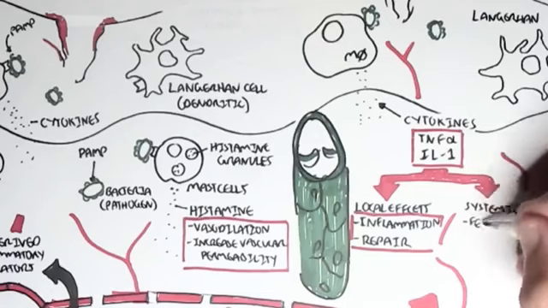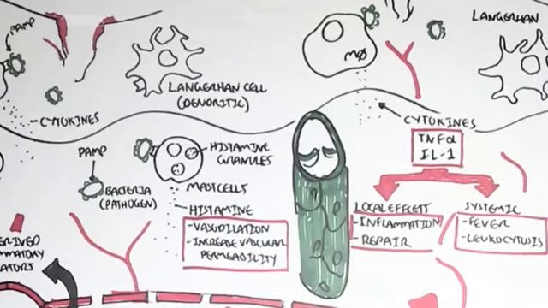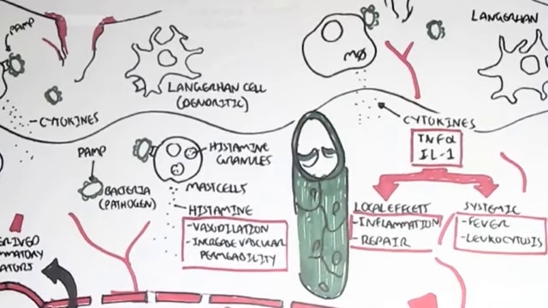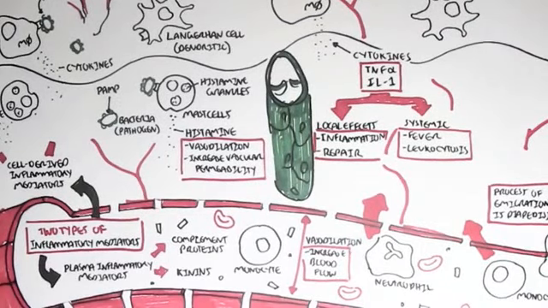Now, the cytokine systemic effects include a fever, so becoming hot, as well as leukocytosis, meaning the accumulation of white blood cells circulating within the blood vessel, and it usually happens during an inflammatory response.